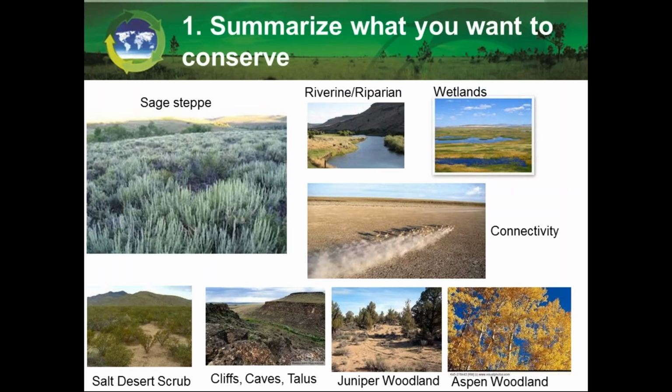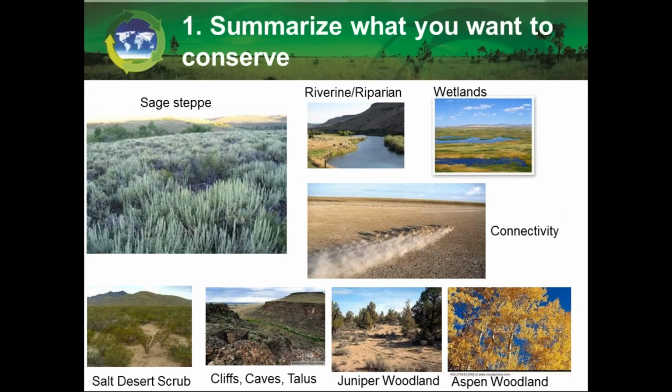One of the first things that we want to get your feedback on is, did we classify this right? Are we using the right focal habitat types, focal species, or coarse filter conservation targets here? We've identified, of course, sage steppe as the matrix across the landscape, riverine and riparian systems, wetlands, and this concept of connectivity. It's not a species or an ecosystem, but it's something that we do want to maintain and protect or restore.